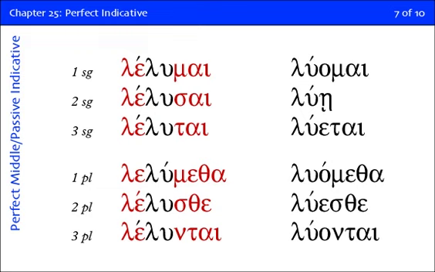They are stems ending in iota and upsilon, like luo, contract stems, liquid stems, and stop stems, stems that end in a stop. Those 4 categories of verbs are going to form all of their different tense stems very regularly.